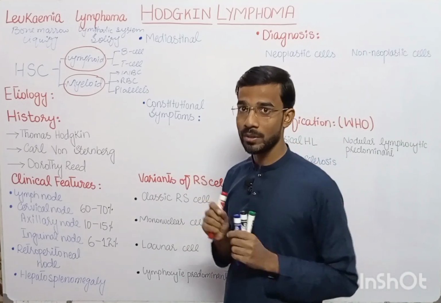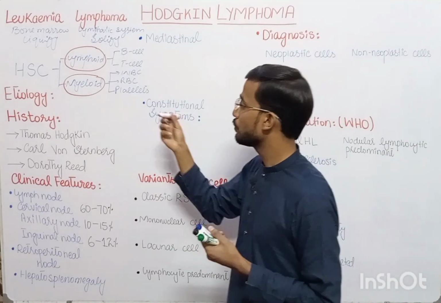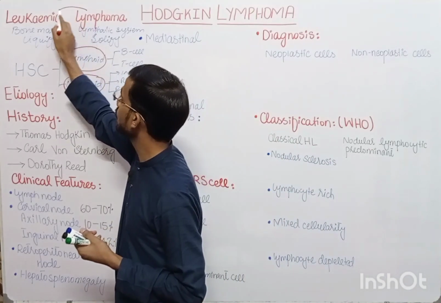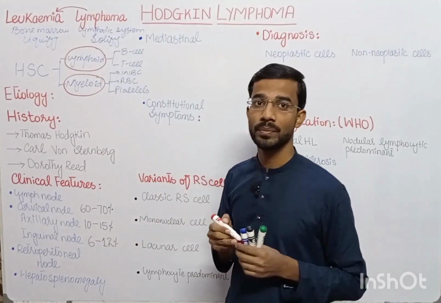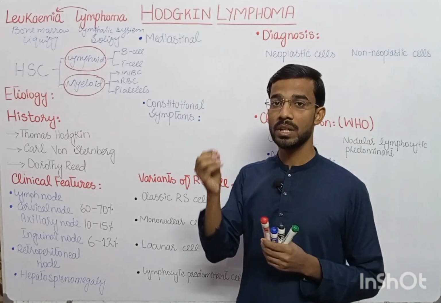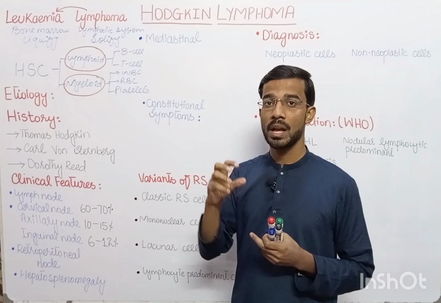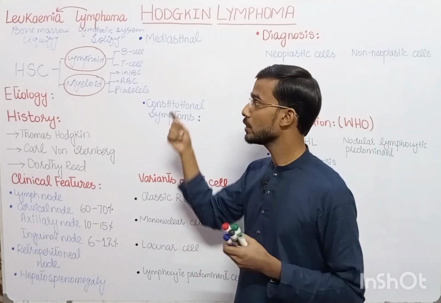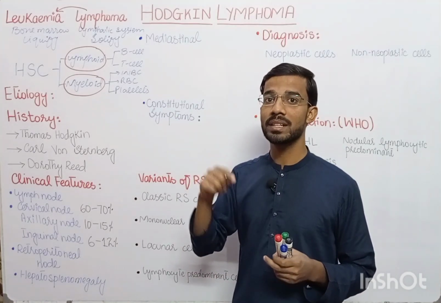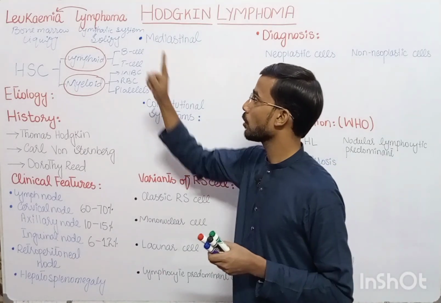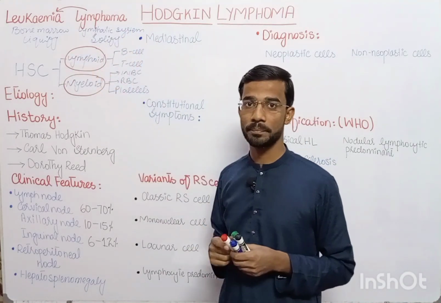So, an important point is that lymphoma can convert into leukemia. How? Some cells present in the lymph node in lymphoma will be released into the blood, and this results in the transformation from lymphoma to leukemia.